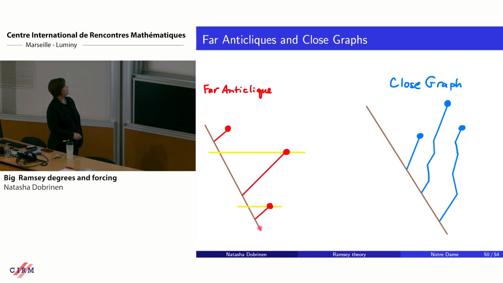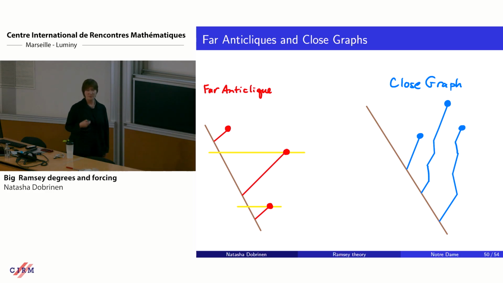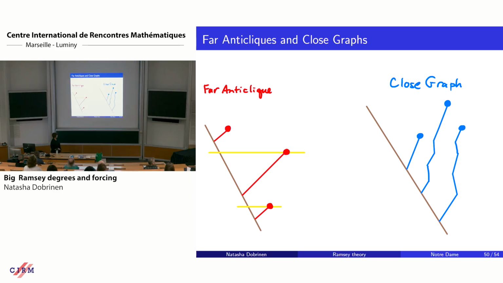An anti-clique of this form we're calling far because the first vertex in your anti-clique is at a level in the tree before the next one branches off. And then we can use these branching off levels as well as the terminal nodes to get our coloring. So it bumps us up to 2n minus 2 instead of just n minus 1.